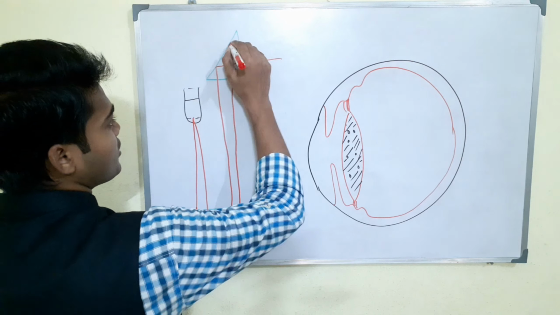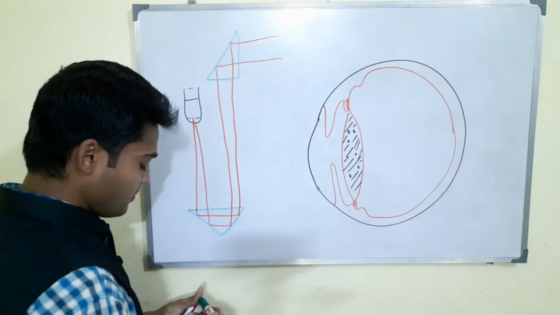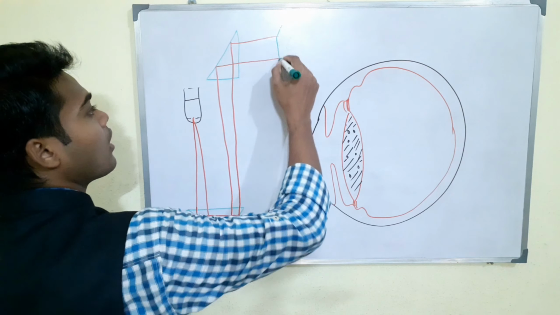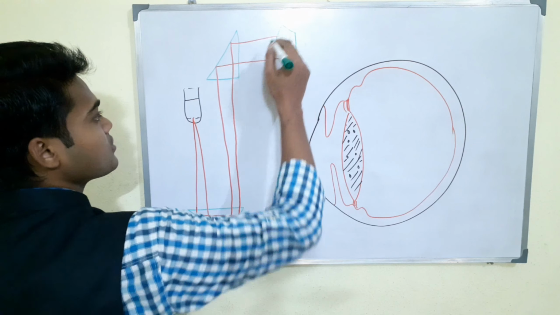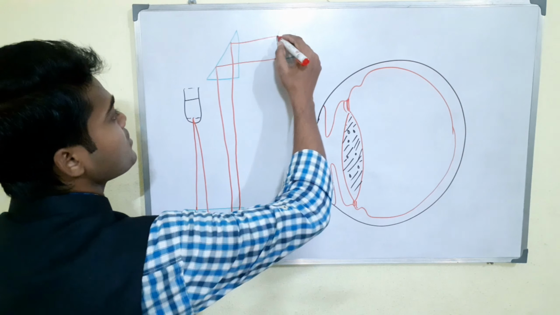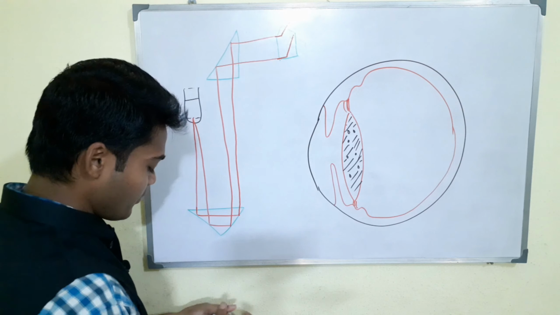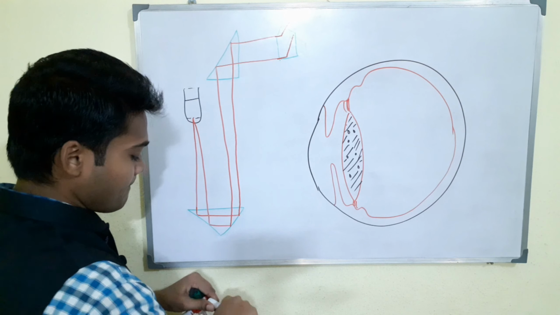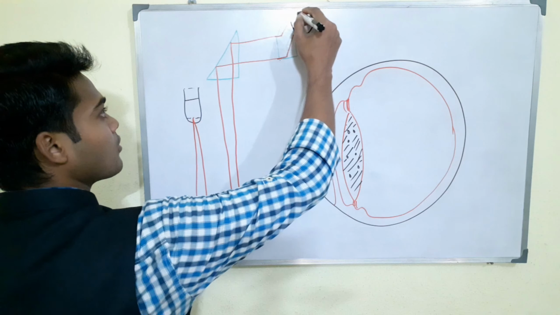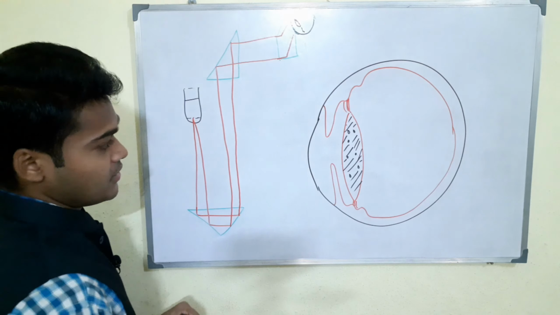After that, another prism is situated which again changes the path of this ray and turns it into the patient eye. Just assume this is the patient eye.